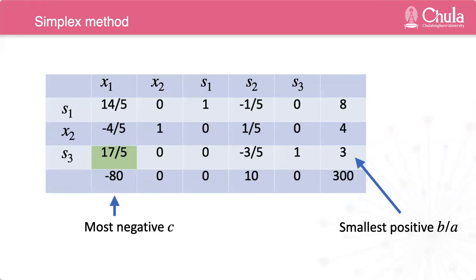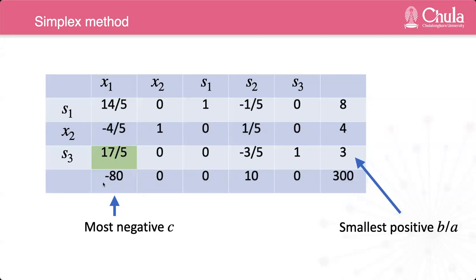This one, 10. If we increase S2, or we introduce S2 as a basic variable, we increase the objective function instead. So we don't go this way for sure. We go this way, right?